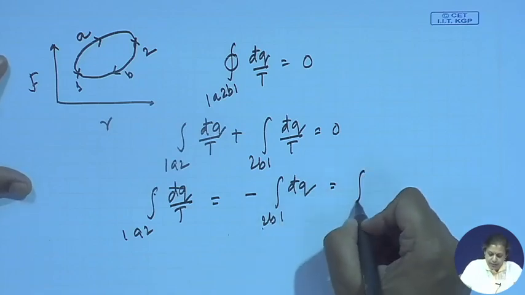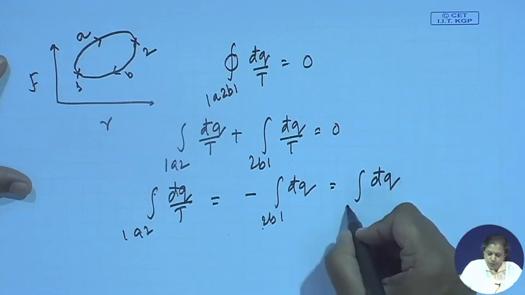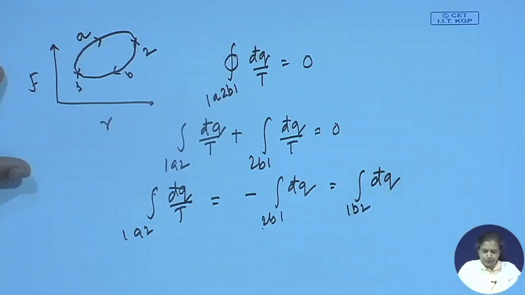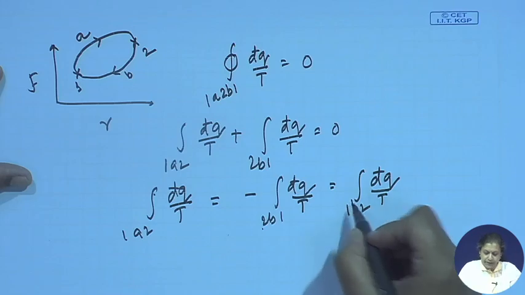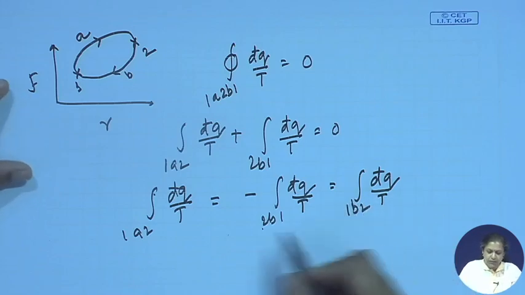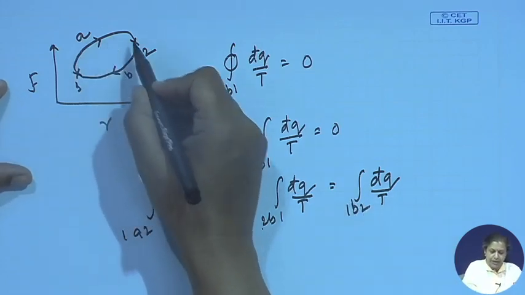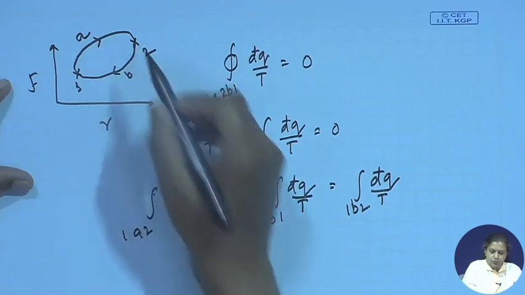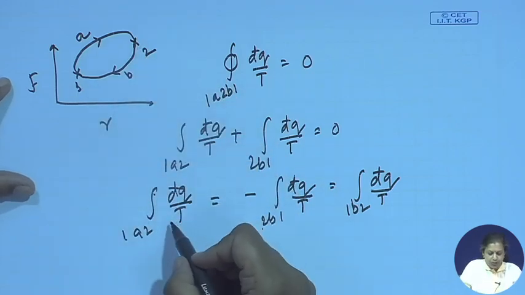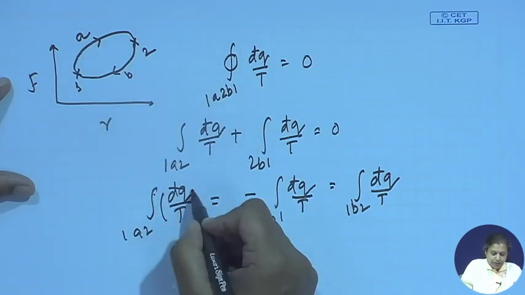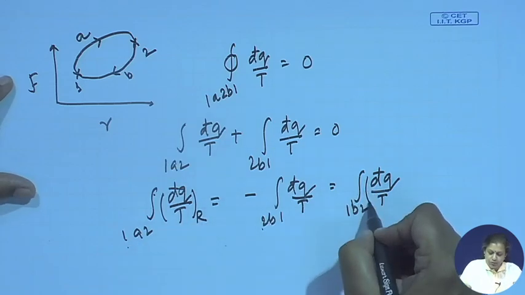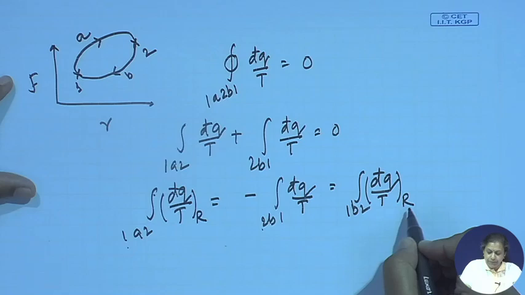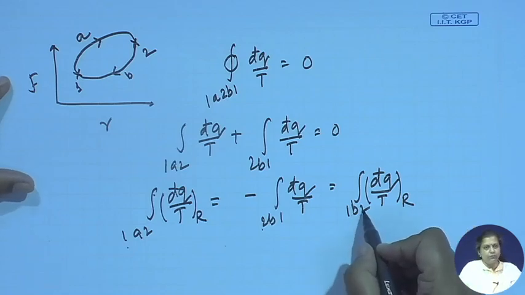So, this is equivalent to the integral over 1B2 of dq by T. So, we find that the quantity dq by T along the reversible path 1A2 is equal to the quantity dq by T along the reversible path 1B2.